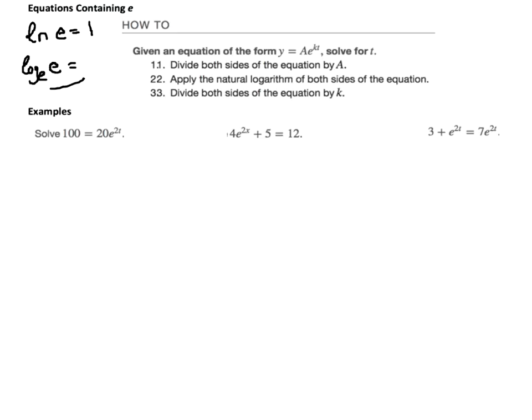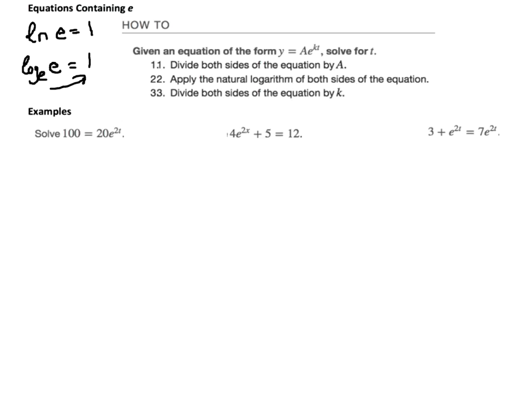And this is asking me, what can I raise e to get e? And that's 1. So anywhere we encounter the ln of e, we can just change that to 1.